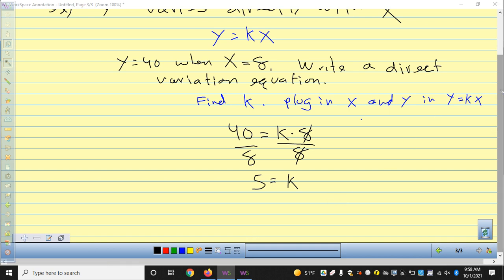So my direct variation equation is y equals 5x. We found k. K is 5, so my variation equation is y equals 5x. And if I plug x equals 8 in here, 5 times 8 is 40, just like they said.